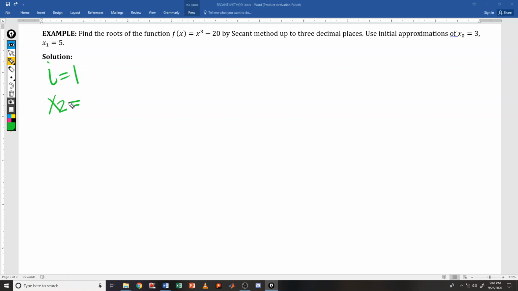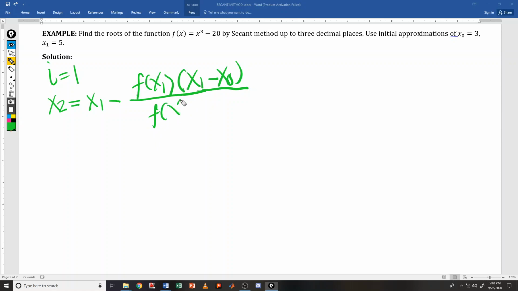So x2 is x1 minus f of x1 times x1 minus x0, all over f of x1 minus f of x0.